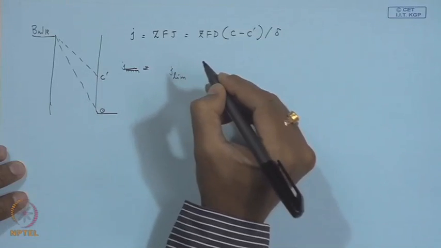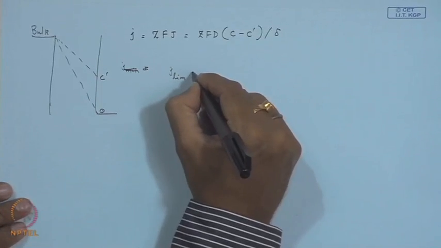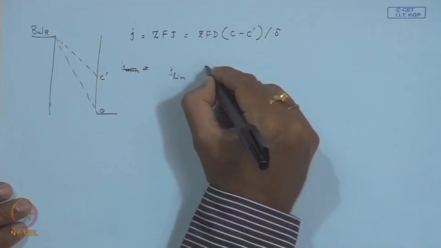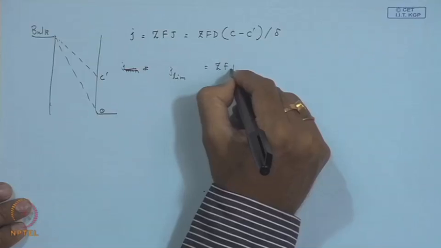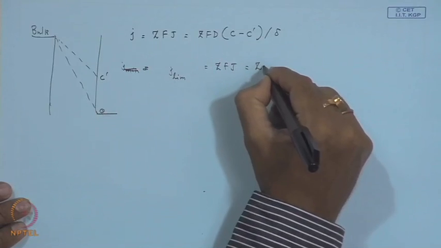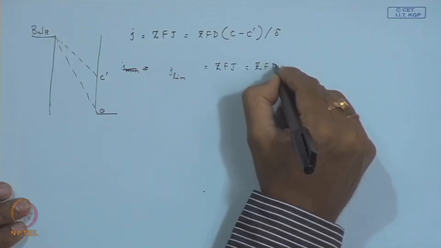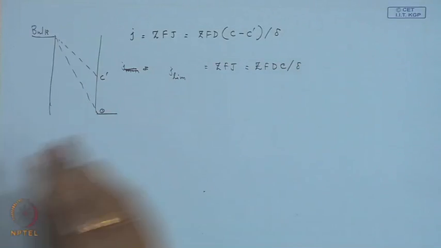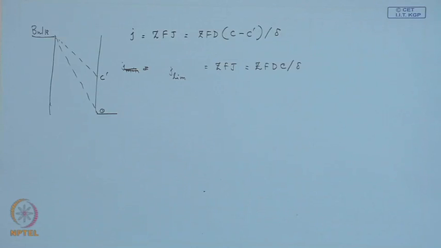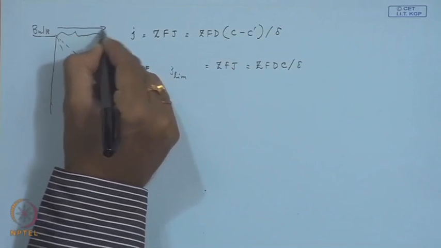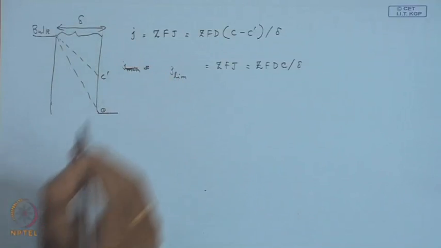So, the limiting current will be given by putting C prime equal to 0. So, Z F j equals Z F D into C divided by delta, that is the limiting current. So, the maximum rate of diffusion across the Nernst layer, this layer delta. Okay.